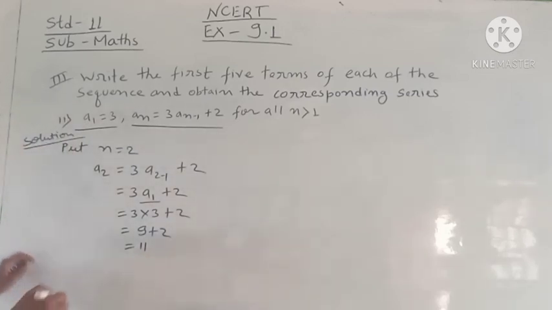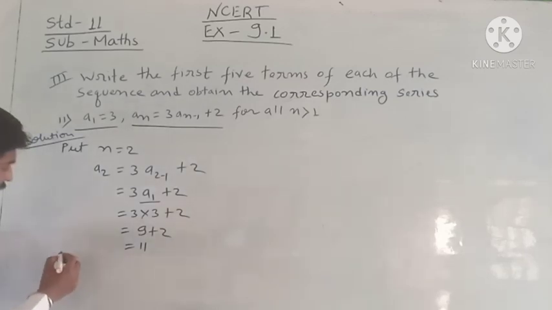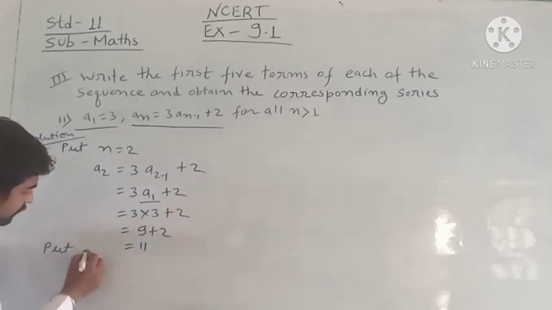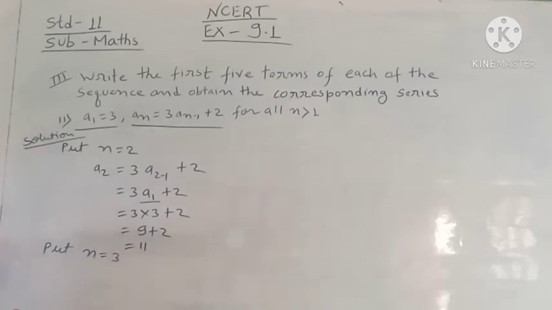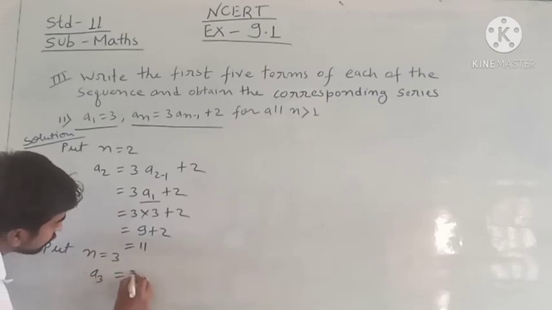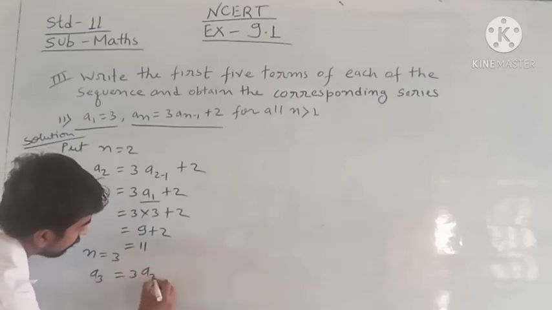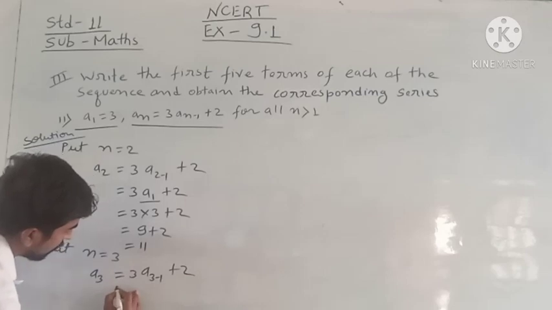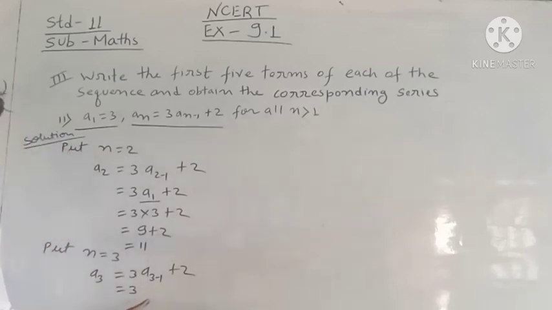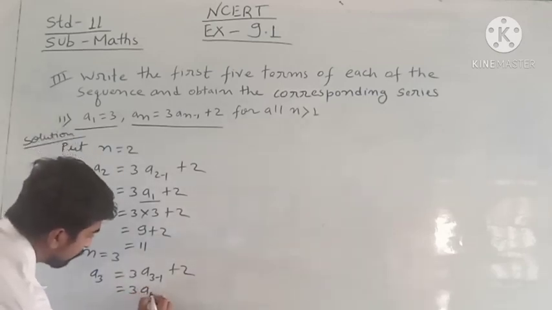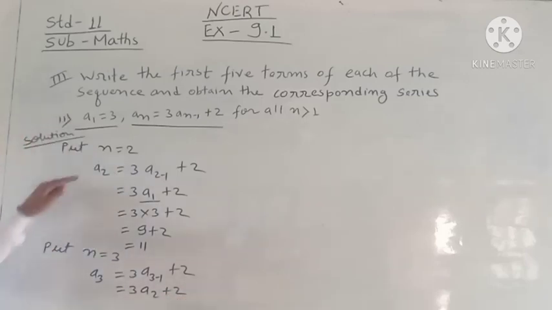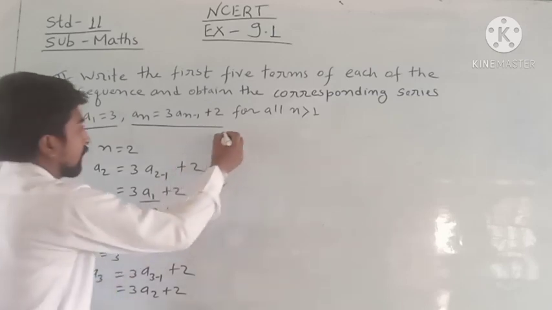Now we have to find third term. To find third term, we will put n equals to 3 in the general term of the given sequence. So this will be a3 equals to 3 into a3 minus 1 plus 2. a3 minus 1 equals to a2 plus 2. Students, we have got a2 equals to 11. So we can put the value of a2 in this third term.